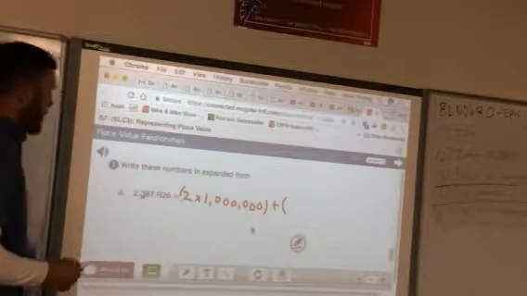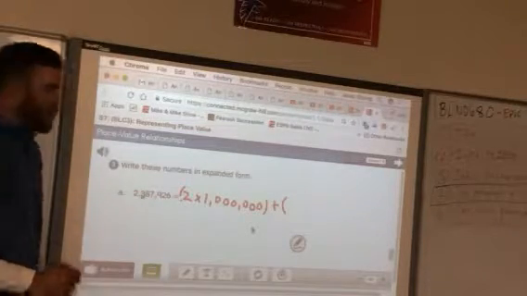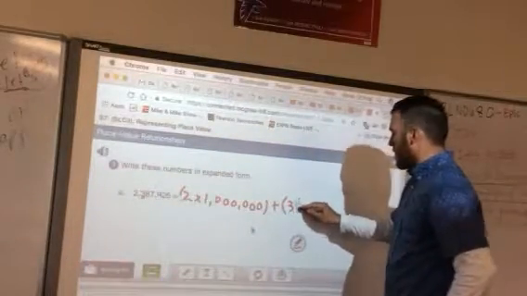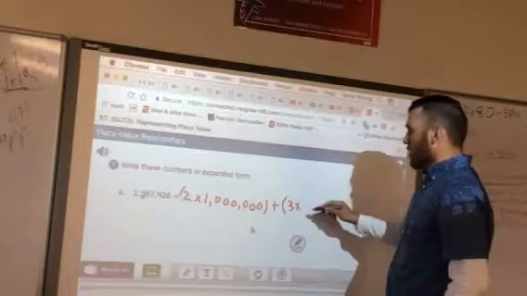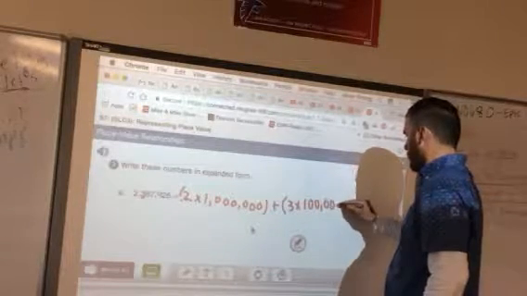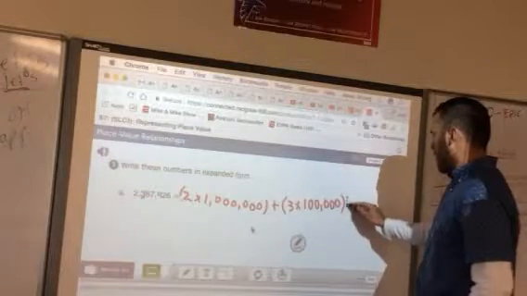That 3 is in the ones, tens, hundreds, thousands, 10,000s, 100,000s. So we take our 3 and we times it by the place value it's in, which is 100,000. I put my times sign in my grouping symbol and my plus sign outside.